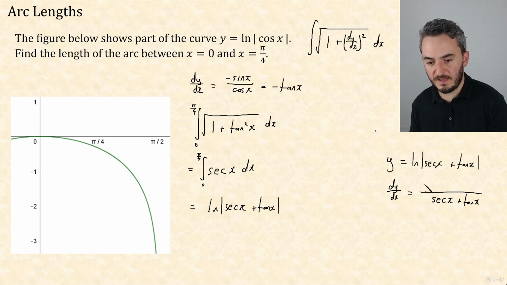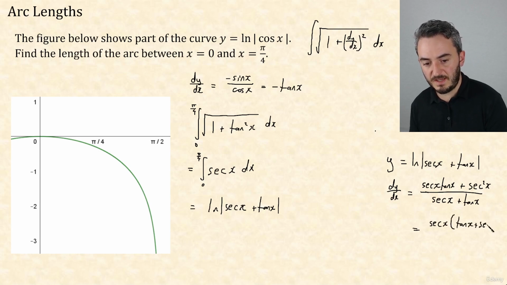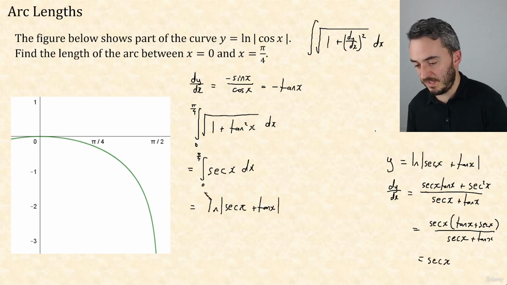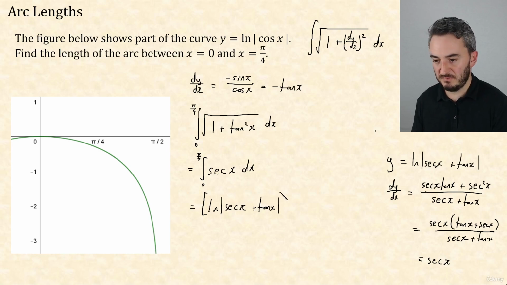The derivative of sec x is sec x tan x, and the derivative of tan x is sec squared x. But look, if you factorize out a sec x from the top, you're left with tan x plus sec x, which beautifully cancels with the sec x plus tan x down here, giving us sec x. So yes, ln of sec x plus tan x is the integral of sec x. It is a good one to know.